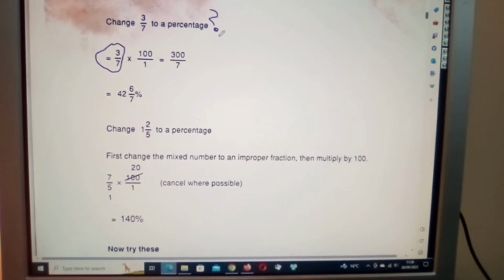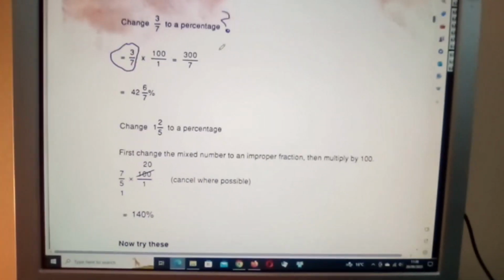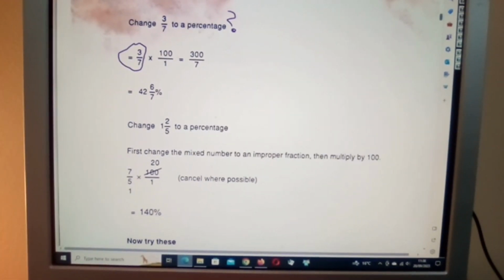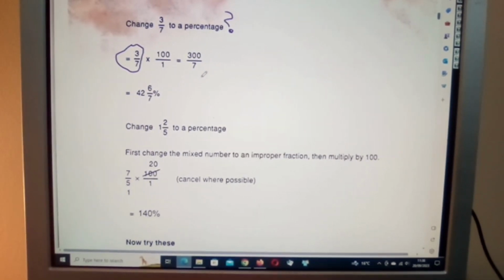I know, yes, it looks a bit weird there, but it's a question mark. And again apply the rule, and here you have 300 over 7 equals what? Here's your result.